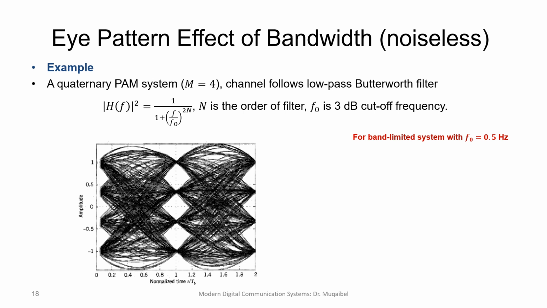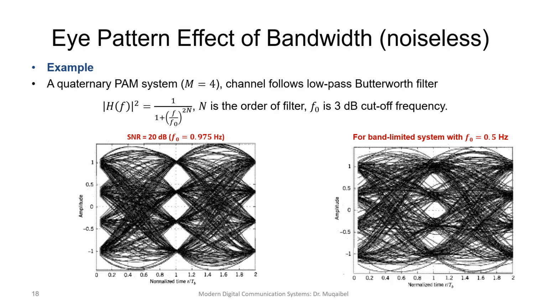If we take this through a low pass filter with a 3 dB cutoff frequency of f naught, if we transmit at 1 Hertz, for example, and then we have the band limitation at f equal to 0.5 Hertz, then you can see that the difference between the two cases is that with half of the bandwidth, we got the eye to close more. So we can think of the eye as a way of finding how healthy the system or the modulation is.